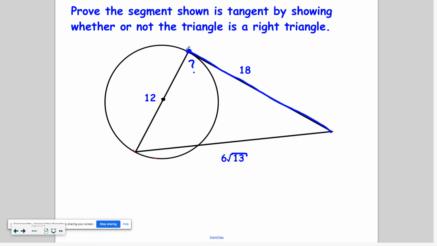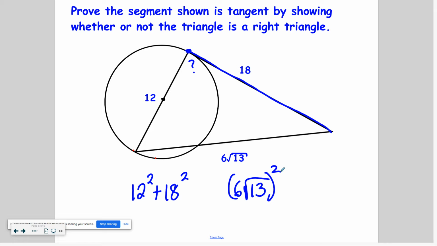So how do I know if I have a 90-degree angle? Well, you use the converse of the Pythagorean theorem. So I'd be taking 12 squared plus 18 squared, figuring out what that number is, taking 6 root 13, squaring that, and trying to determine if those are equal to each other or not.